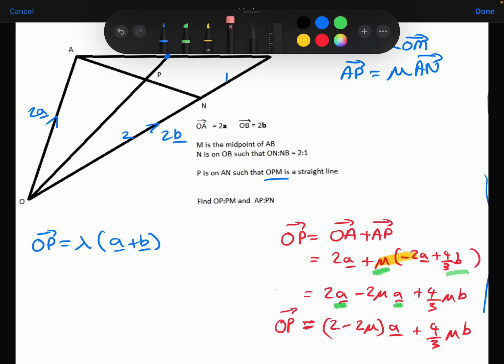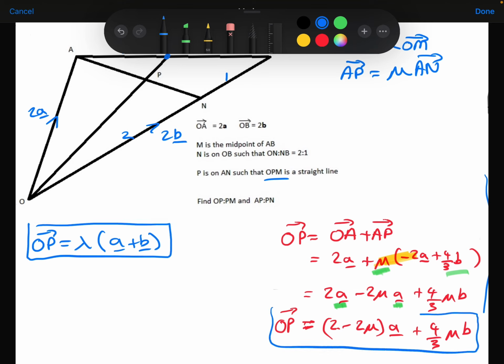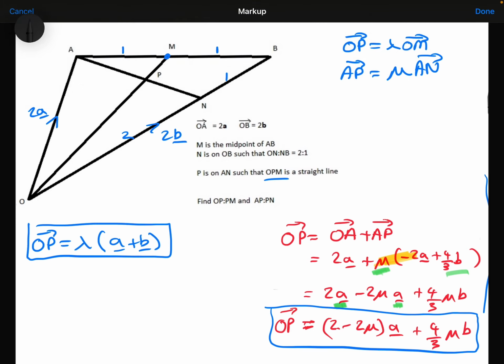Let's just remind ourselves what we've done then. We have found the vector O to P one way, then we've found the vector O to P a different way. They represent the same vector. So we should now be able to compare coefficients. So let's compare a terms. The a term here is just lambda, it's lambda times a.